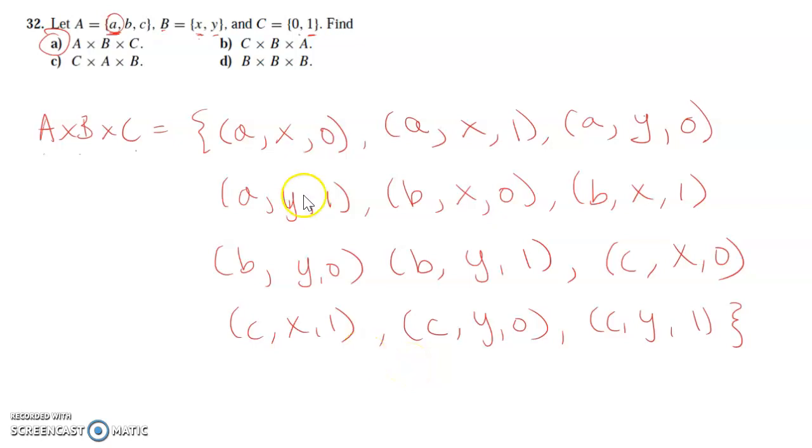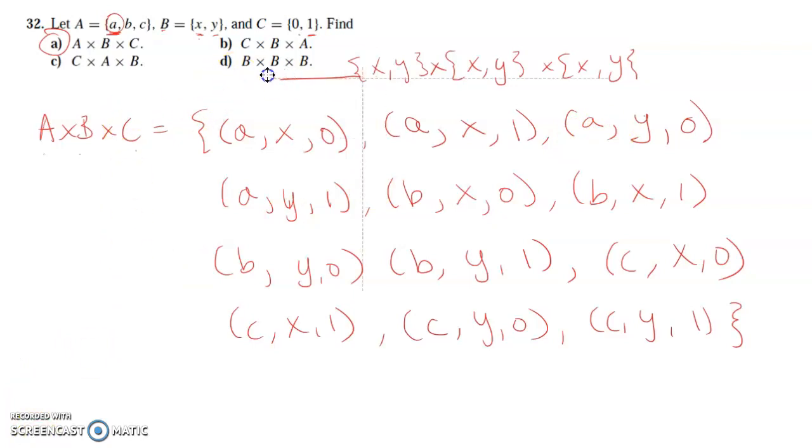That was my answer for part A. I'll leave parts B, C, and D up to you guys. For cases like D, it's probably best if you just write out B 3 times, so X, Y, X, Y, like this, and find all the combinations.